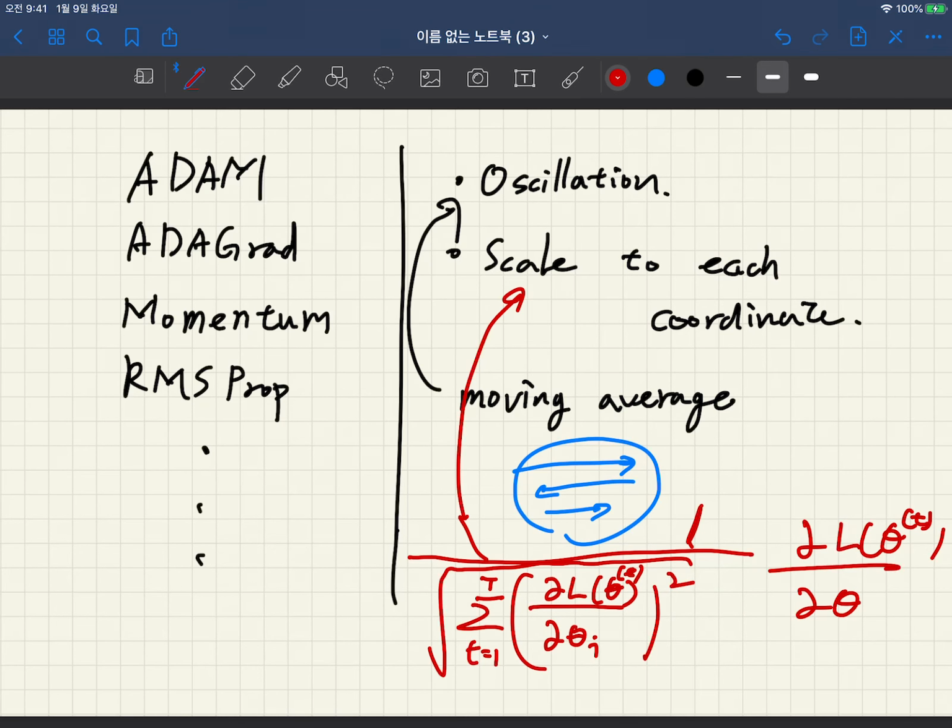Then essentially with this type of approach, you can well scale each coordinate so that every coordinate shares almost the same value range, which is very nice in practice. And empirically, there is a lot of evidence that these two techniques, moving average and this second order scaling, can provide very nice convergence behavior.